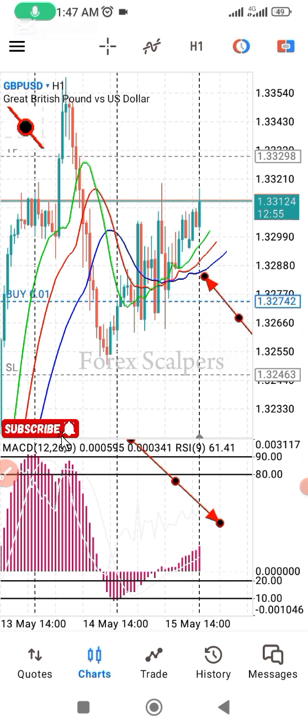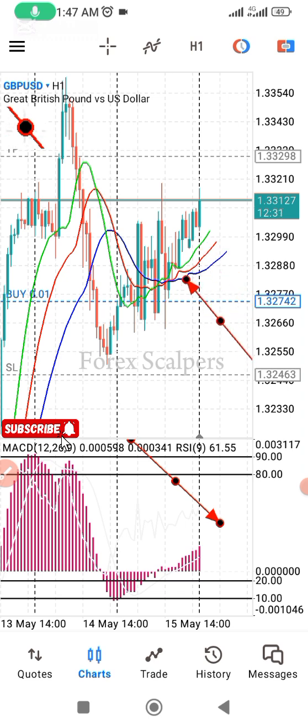Once that has been established, the third thing you need to look out for is that there should be a space between the alligator lines. As you can see, there is a space. Let the alligator lines not be tangled together. And here is the space.